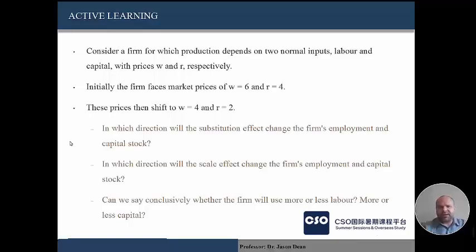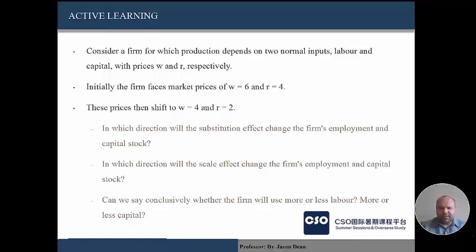Now the question is, in which direction will the substitution effect change the firm's employment and capital stock? The next question is, in which direction will the scale effect change the firm's employment and capital stock? And lastly, can we say conclusively whether the firm will use more or less labor or more or less capital?